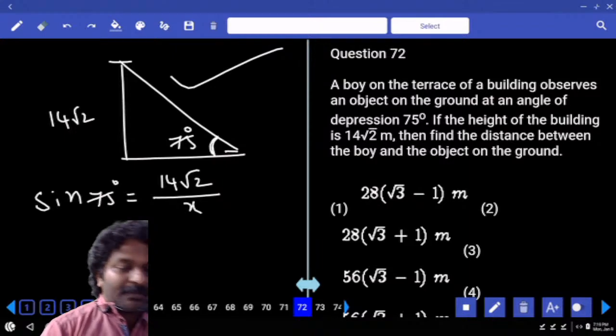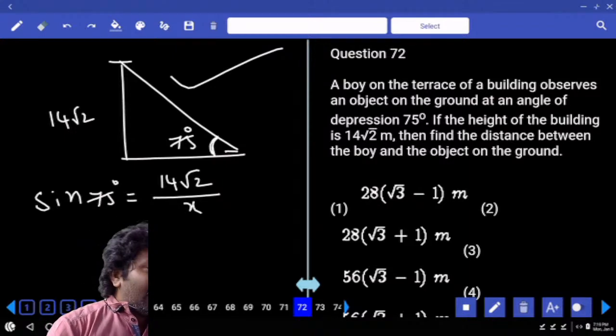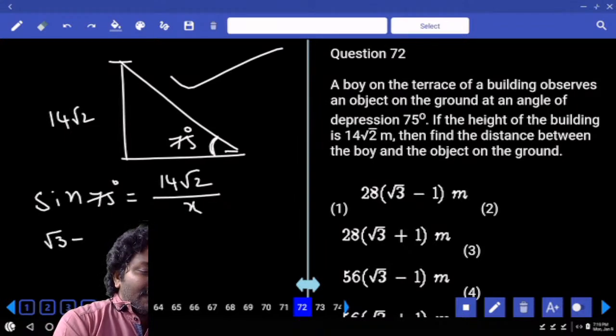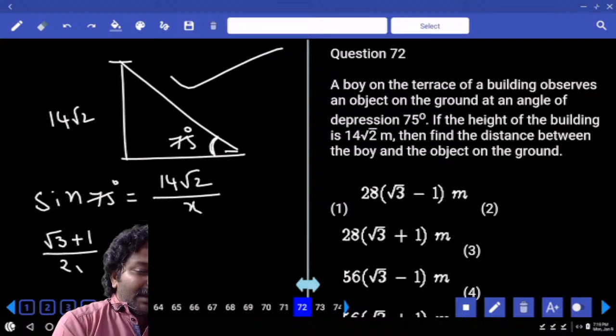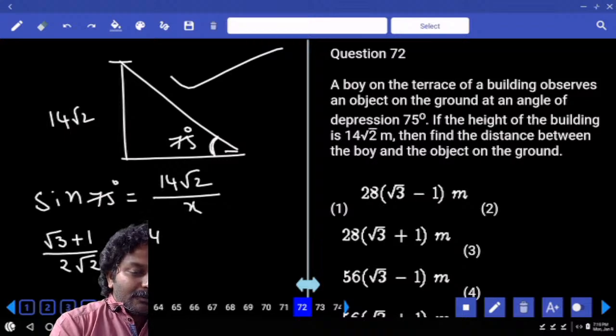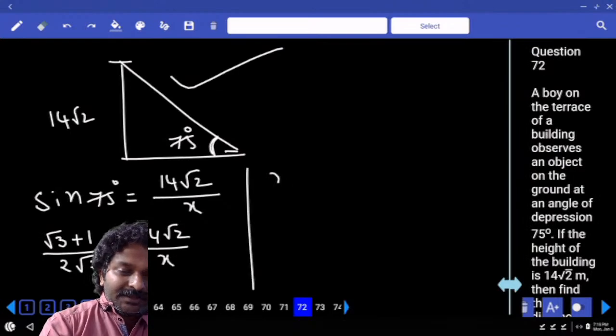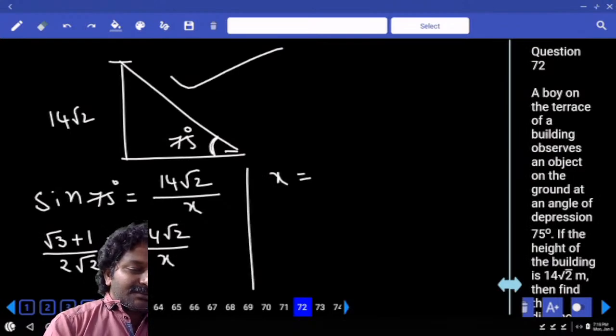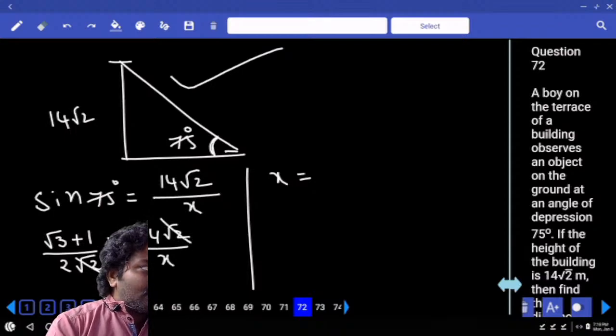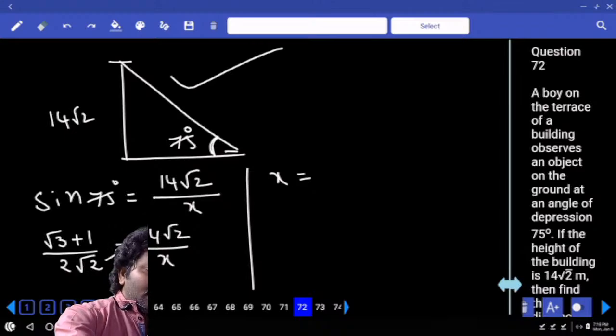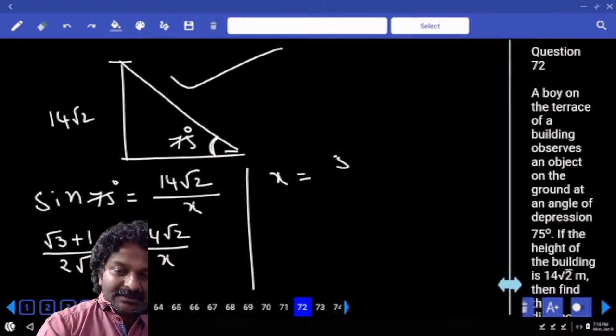Now to calculate x, sine 75, root 3 plus 1 by 2 root 2, is equal to 14 root 2 by x. From this, x is equal to, by cross multiplication, root 2 into root 2 is 2, 2 into 2 is 4, 4 into 14 is 56, so 56 by root 3 plus 1.